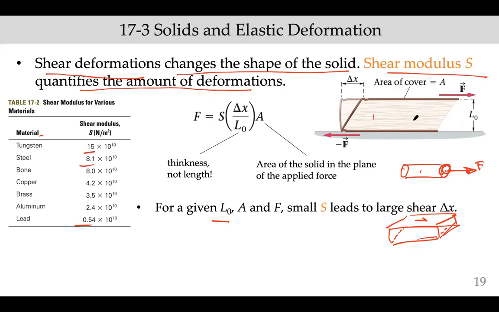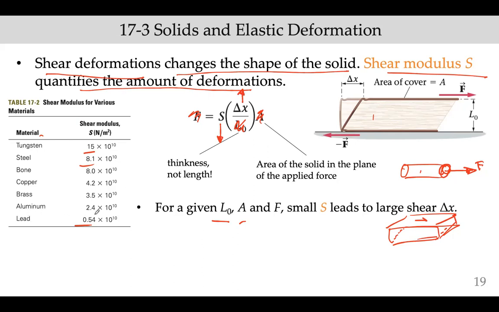It's not the length. And area is the area where the force is applied. So if you fix L0, A, and force, so for given values of these, if the shear modulus is small, then you get more deformation.